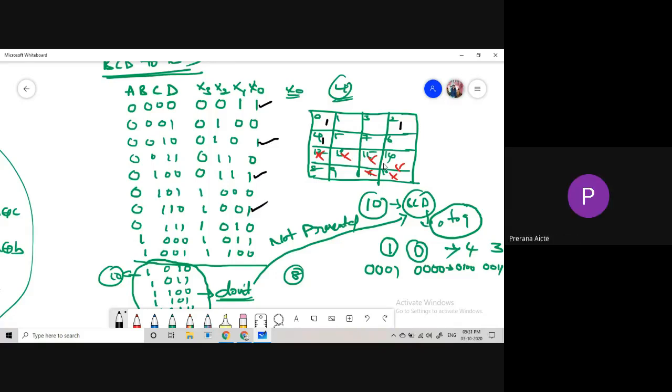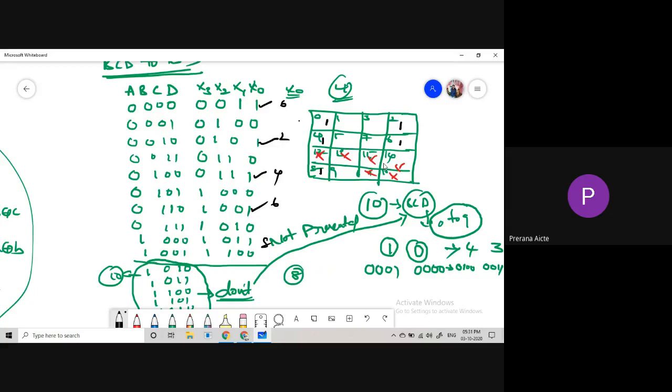For 9, the X naught is 0, right? Yes, sir. So that's why we are getting only these terms, 0, 2, 4, 6, 8.